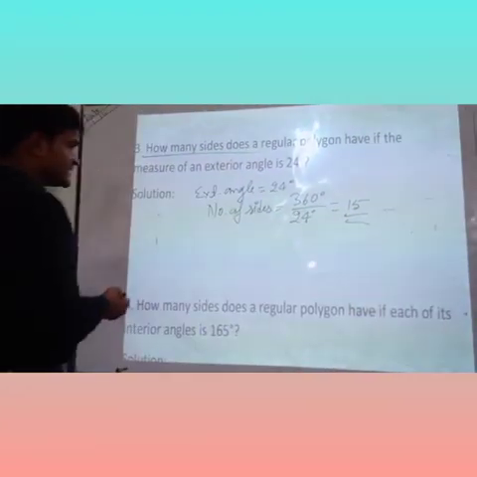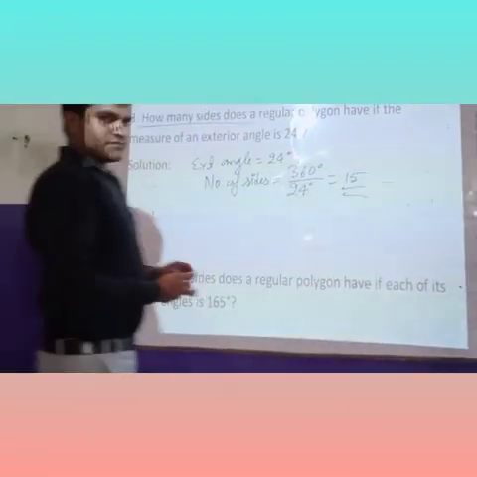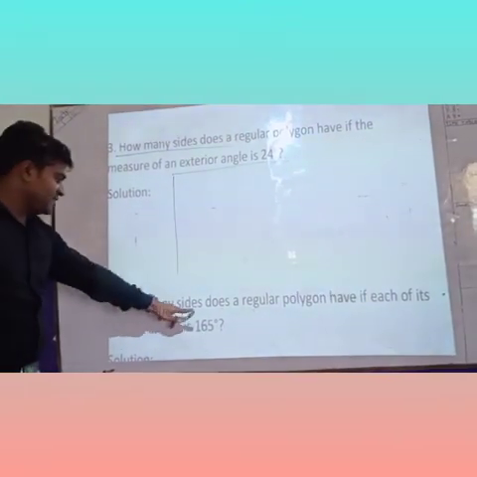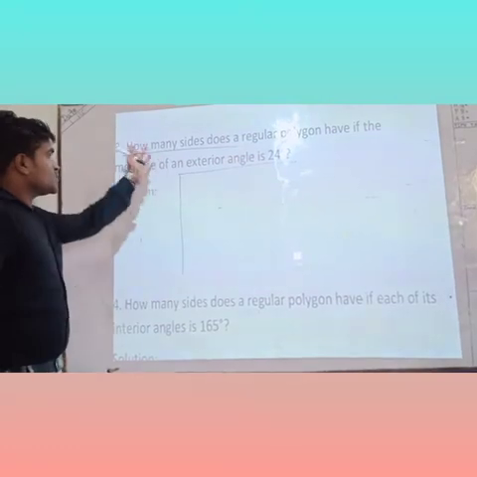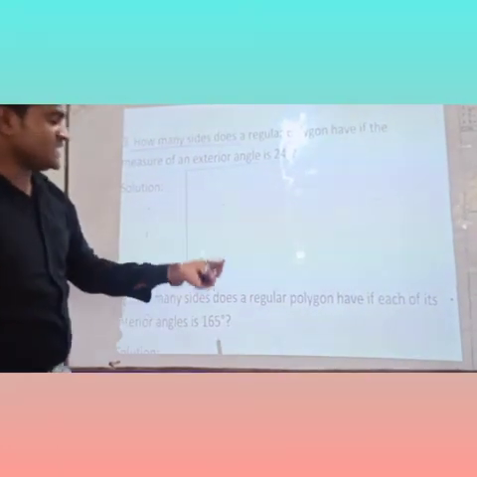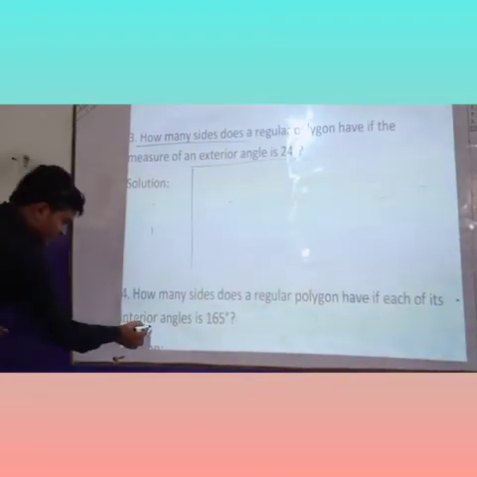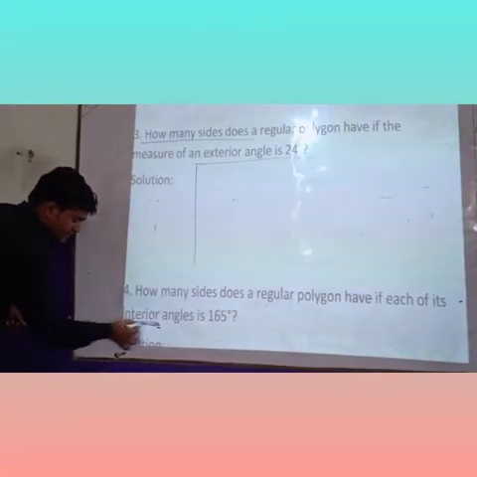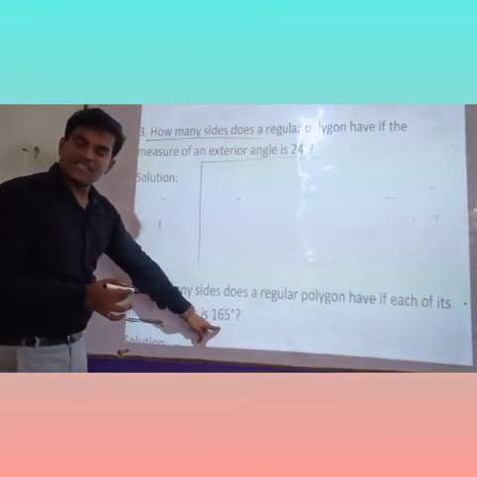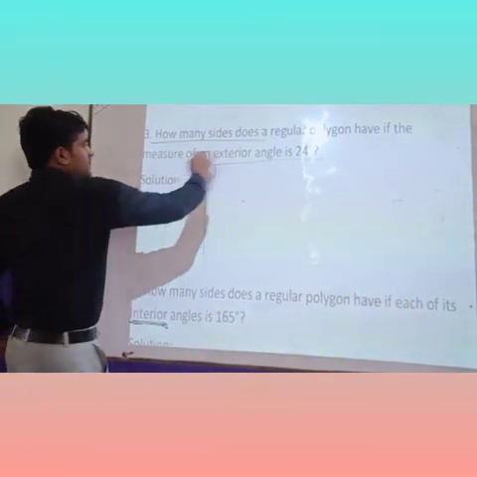Okay. And children, see this question: how many sides does a regular polygon have if each of its interior angles is 165 degrees? Focus here: the interior angle is given, not the exterior angle.